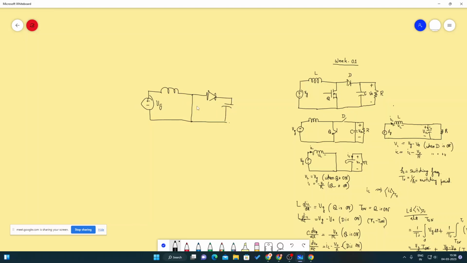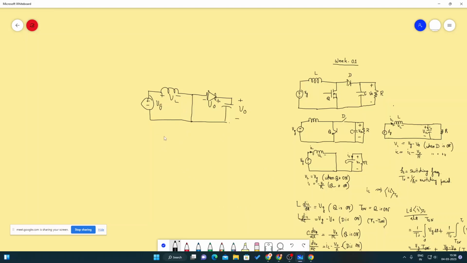When the MOSFET is turned on, this is short. So this inductor is getting charged up, and the voltage across the capacitor is plus minus V out. That is coming across the diode, so it is making the diode reverse biased, and hence the diode is off.